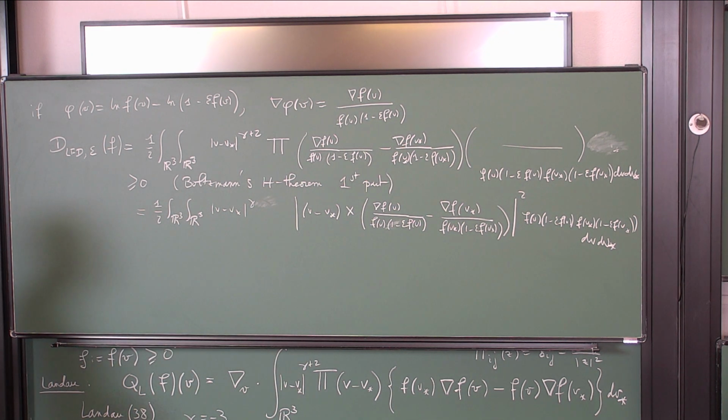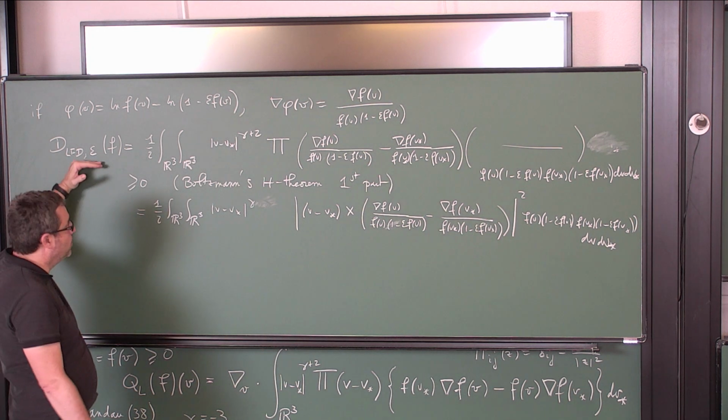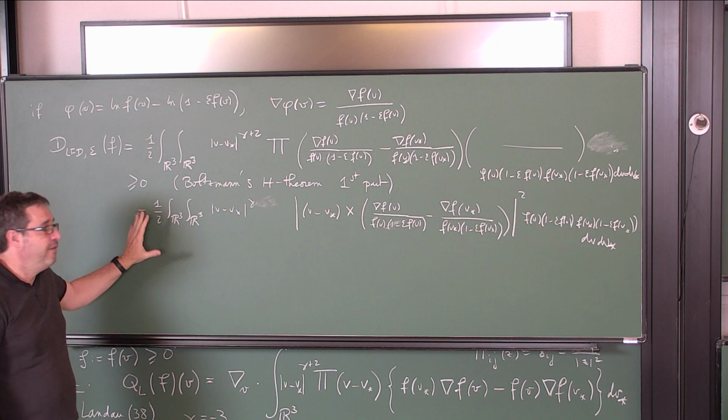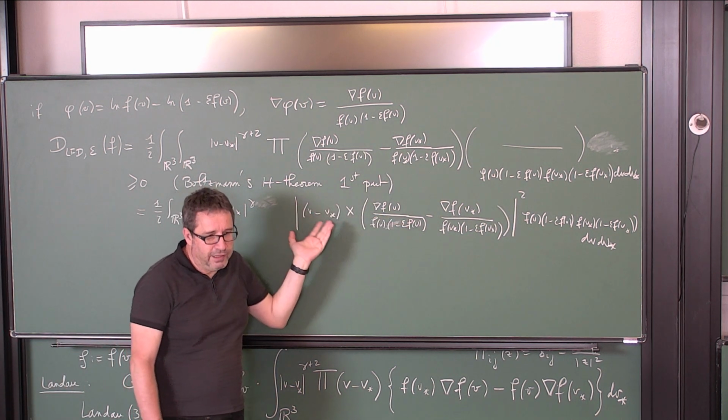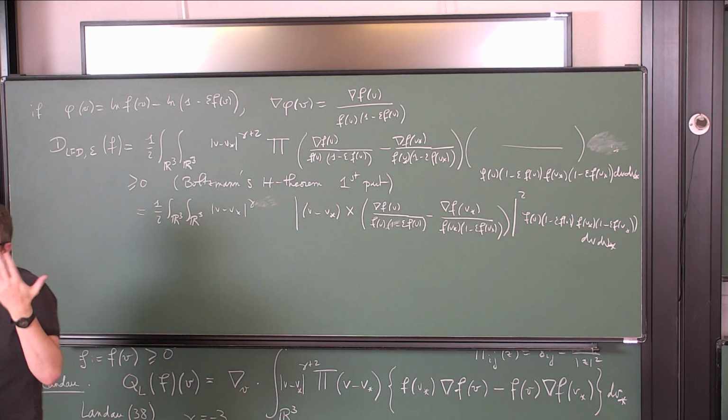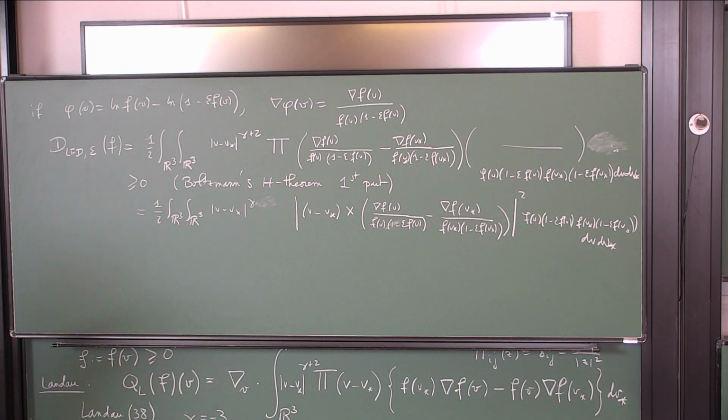Okay, and now there is in the theory of, let's say, collisional kinetic theory, always a second part in Boltzmann's H theorem, and the second part should tell you that if the entropy dissipation is 0, then F should be an equilibrium of the equation, which is a Maxwellian in the non-quantum case, and which will be, according to the name of the equation, a Fermi-Dirac in this case, okay?